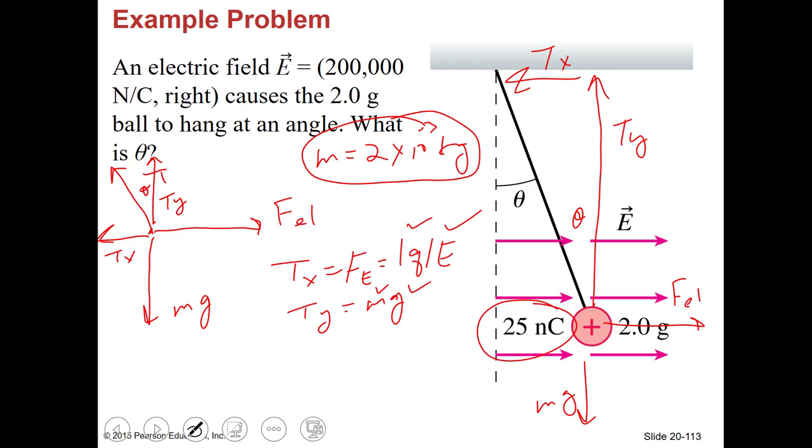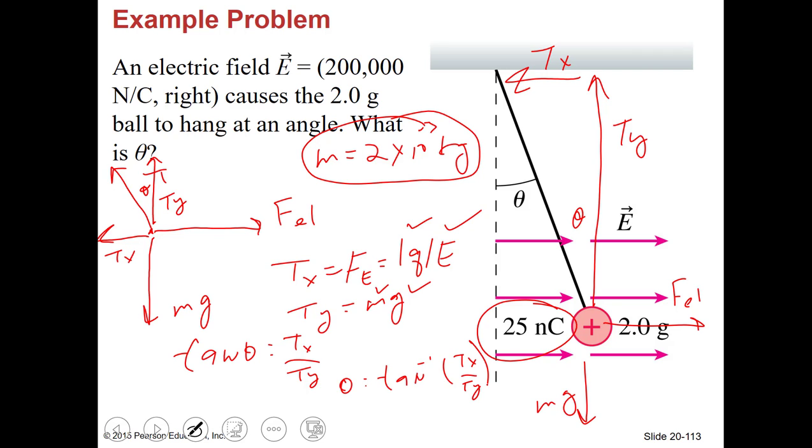Well, we'll have to do a little bit of trig. So tangent of theta is equal to the opposite side over the adjacent side, Tx over Ty. So theta is the inverse tangent of Tx over Ty.